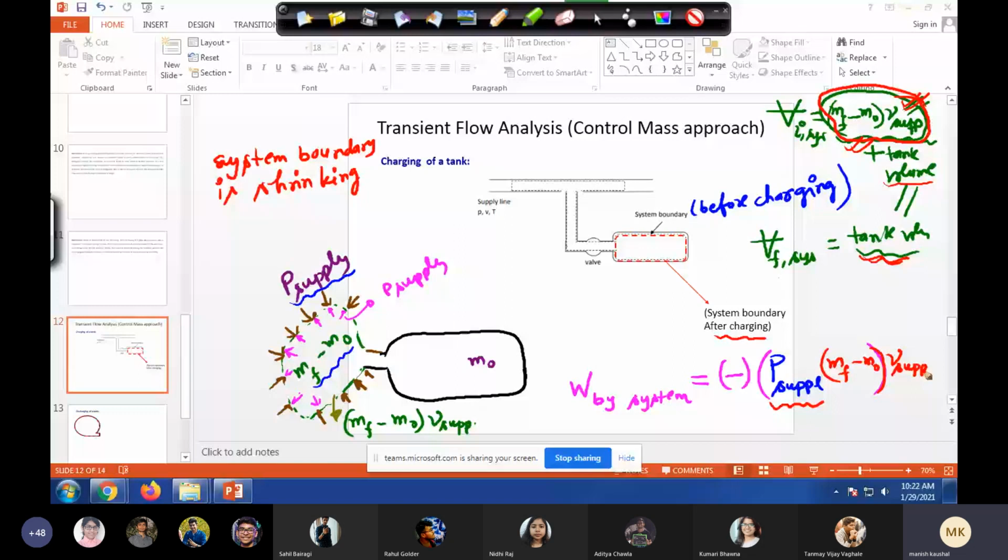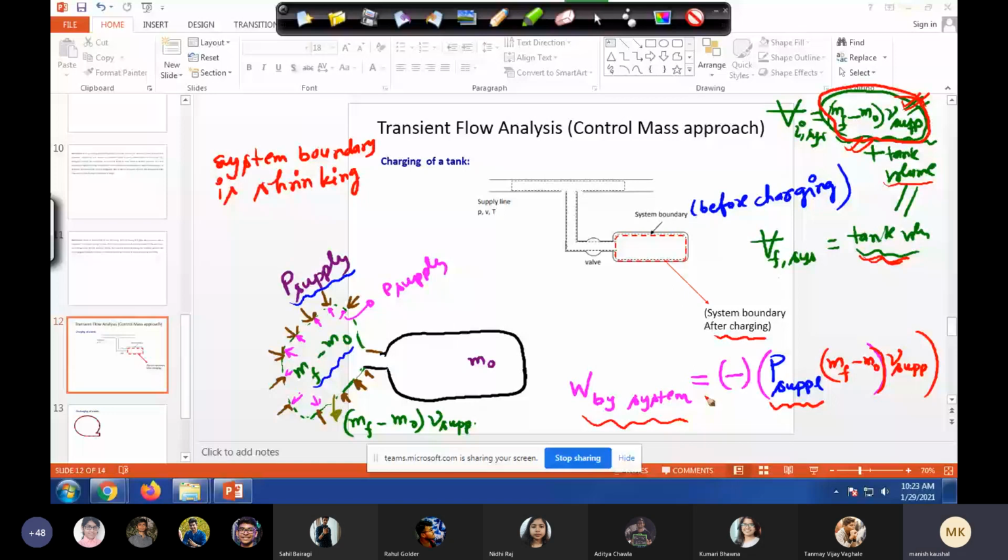Basically, work done on the system, of course. That is one thing we know that you have to take in this control mass approach. If you find it difficult, you can take the control volume approach. Of course, that may be more convincing. I thought at least I should show you how the control mass approach works. So we know the work done by the system.